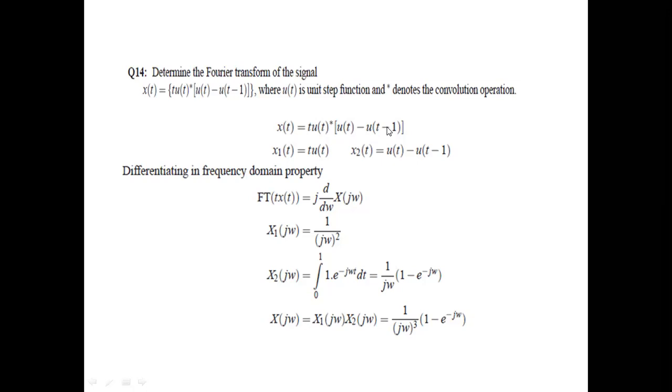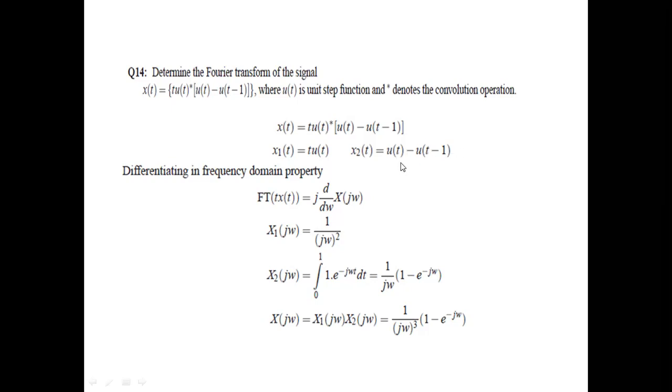For t into mu of t, the transform of mu of t is 1 by j omega, and since it is multiplied with t, we get 1 by j omega whole square. So x1 of j omega is equal to 1 by j omega whole square. Following my students.